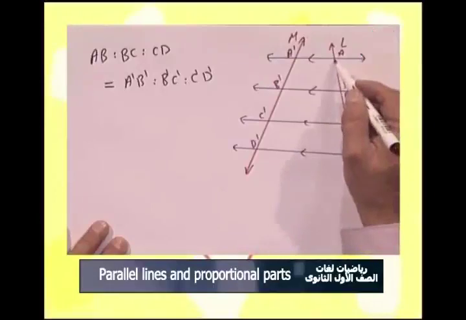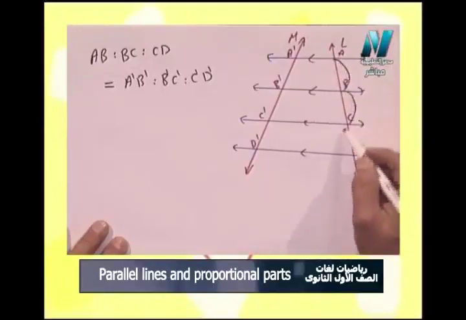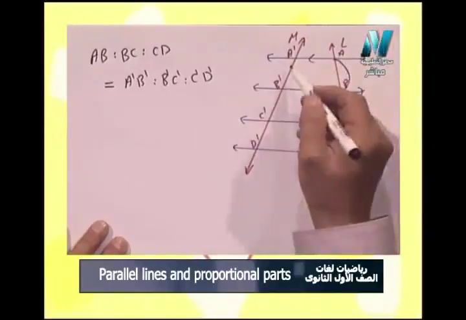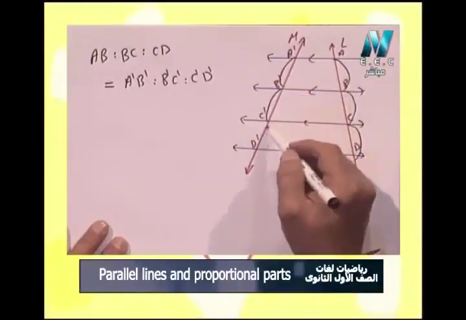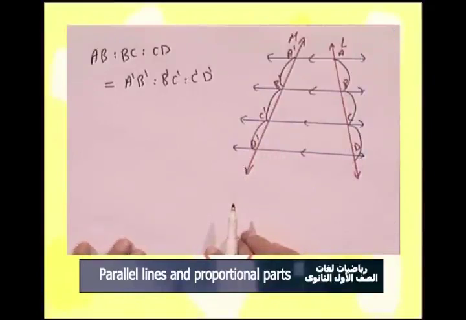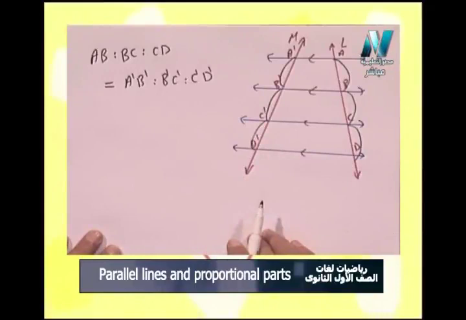So the ratio between these, this one to this one to this one, will be equal to the ratio of this part to this part to this part. And we can say many other things from the properties of the ratio.